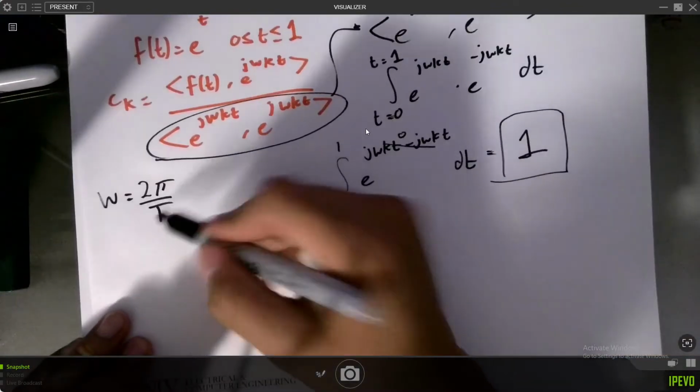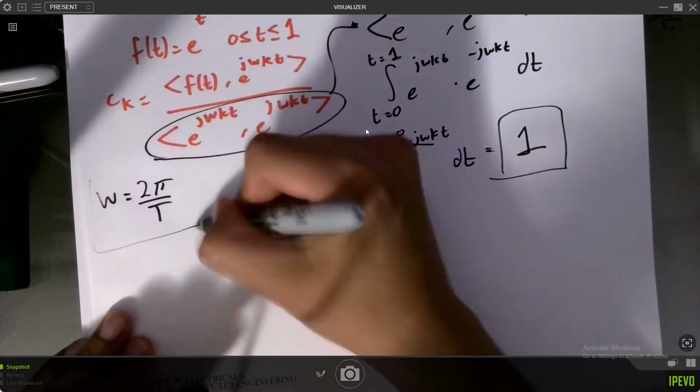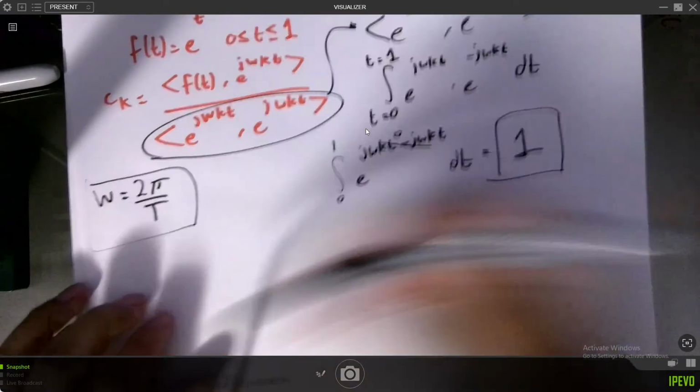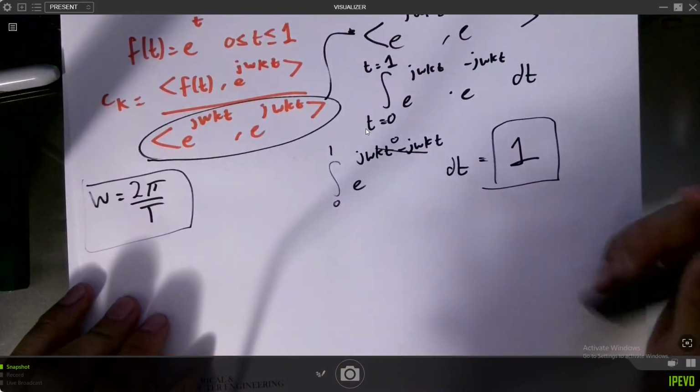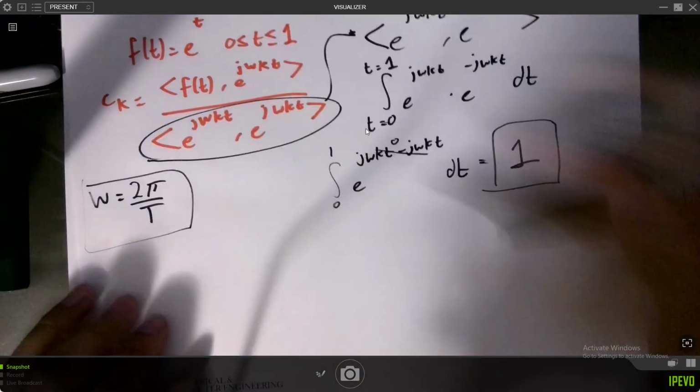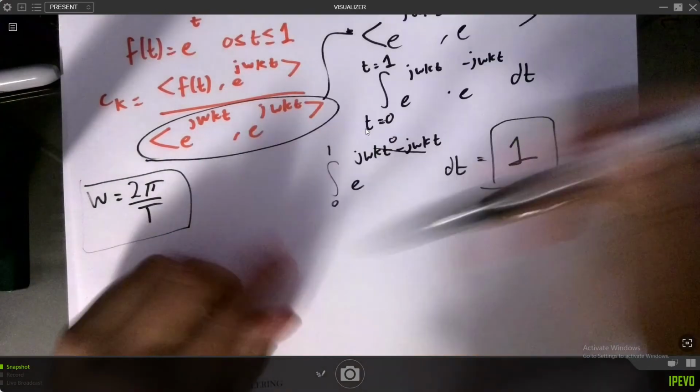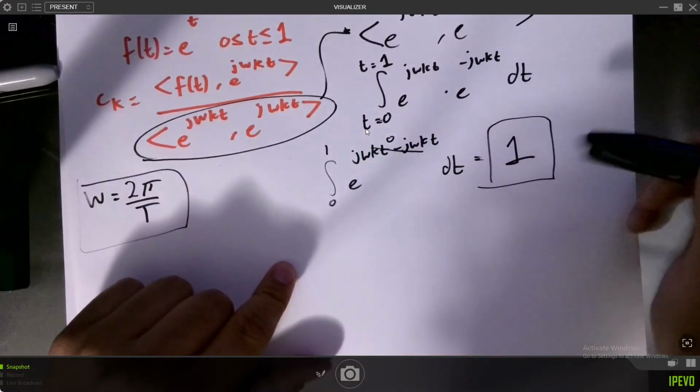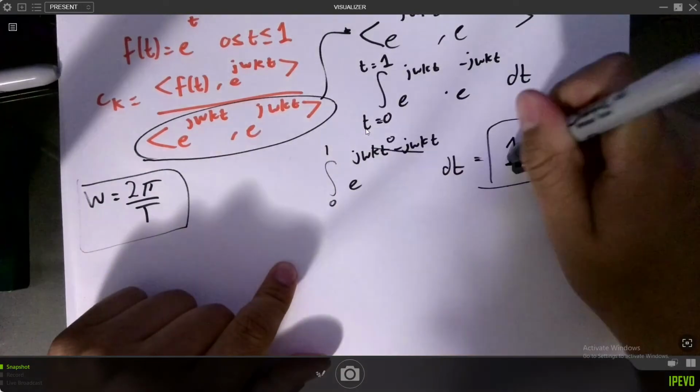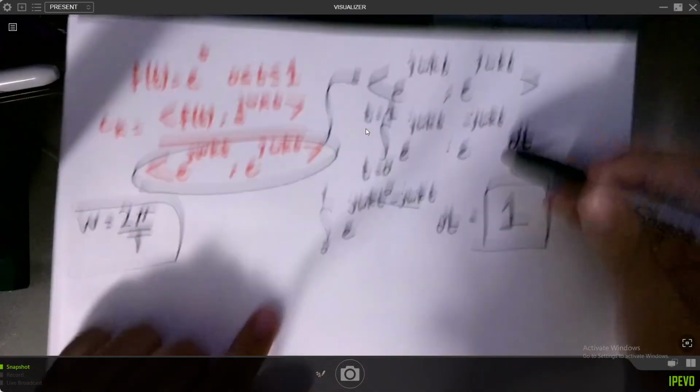But this T is always there. Memorize this. It might come up on an exam. Actually, it will. So memorize this one. Put it on a cheat sheet if you need to. But the point is, you get 1. This is a definition that you have to memorize.